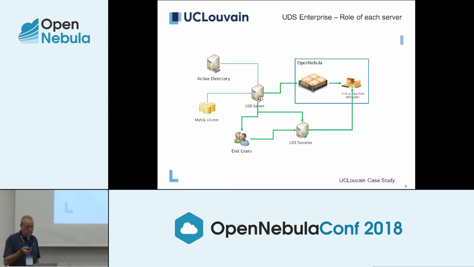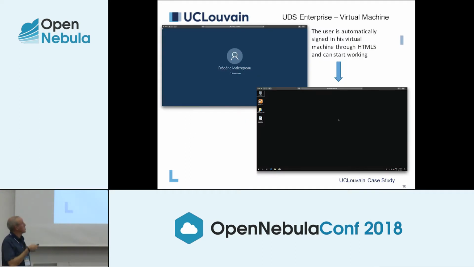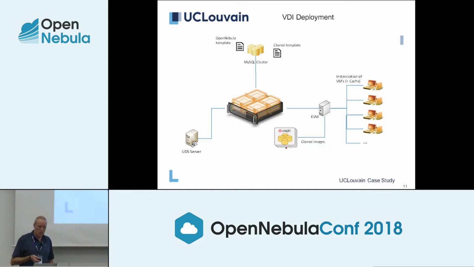As I said, the user is automatically signed in to his VM due to the SSO ensured by the UDS tunneler. Okay, how does the UDS server manage the VMs?